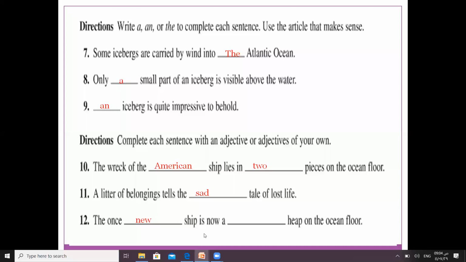Dirty. Yes, a broken heap on the floor. Rusty. Yes, rusty. As I told you, you can use any adjective you want, okay? Teacher, I'm gonna write broken. Yes, broken. It's okay.